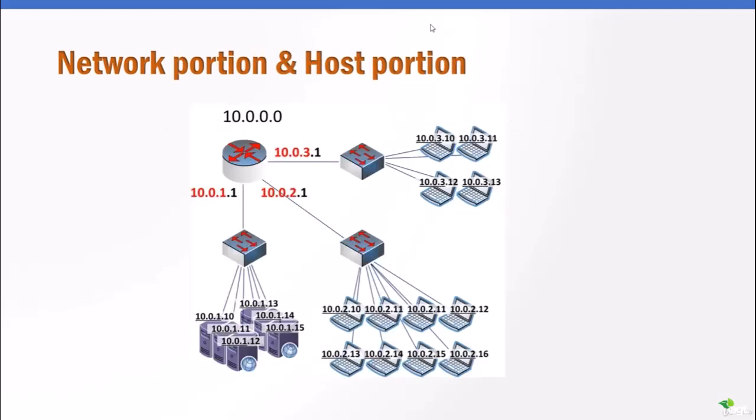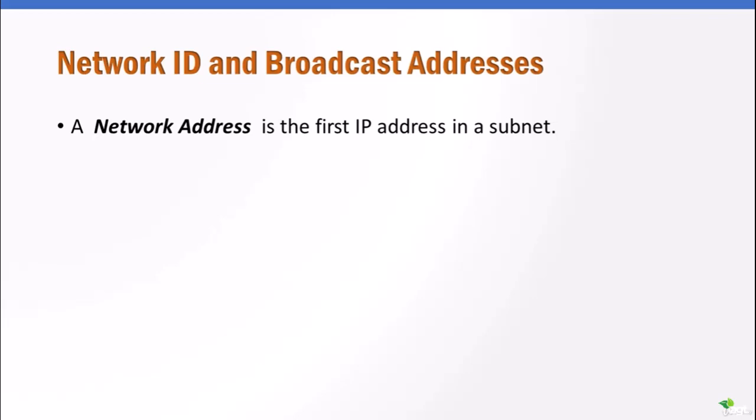In the previous slide, we gave the first useful, or first usable, I believe is the term, IP address to our gateway, but that's not really the first IP address. The very first IP address in this subnet would be 10.0.3.0.